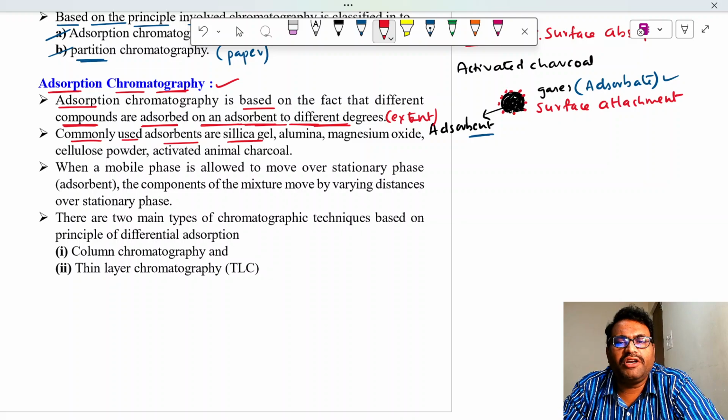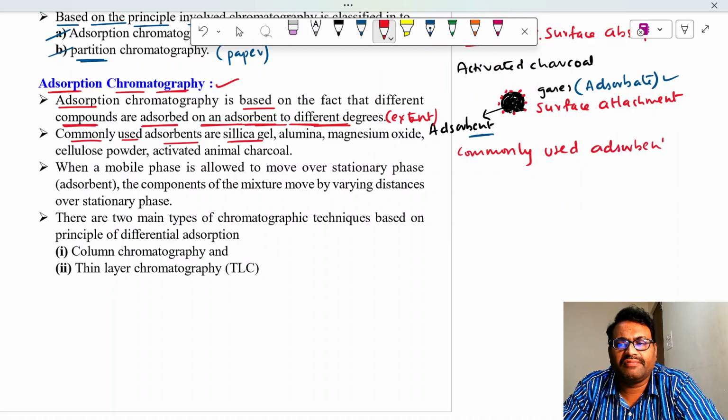Now we have seen what is meant by adsorbent. What are those?